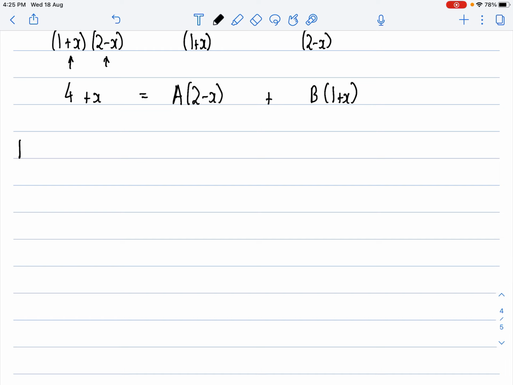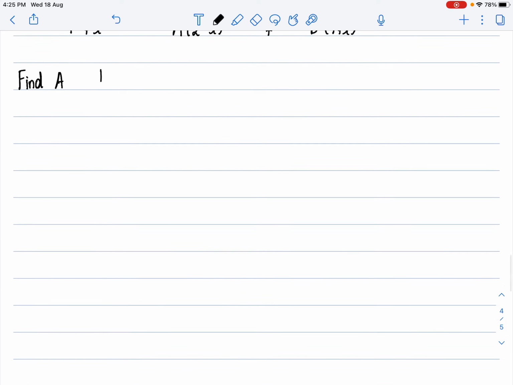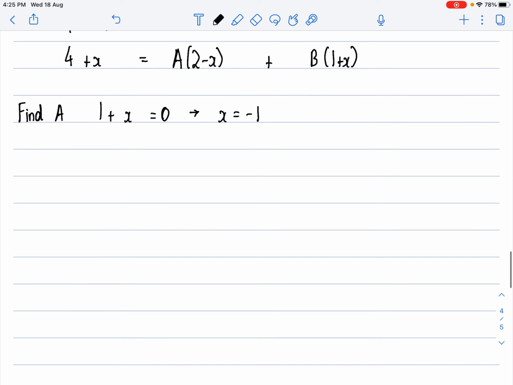Now I find my a first, which is important. So I know for calculating a, I need the part here to be equal to 0. That means I need 1 plus x to be equal to 0. So this basically gives my x equals to minus 1. This is one thing which you need to know.